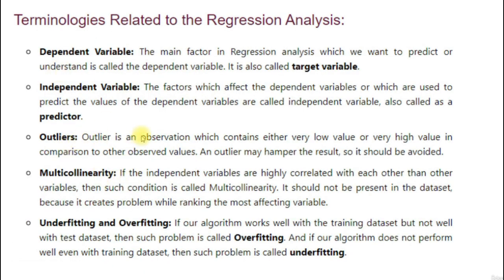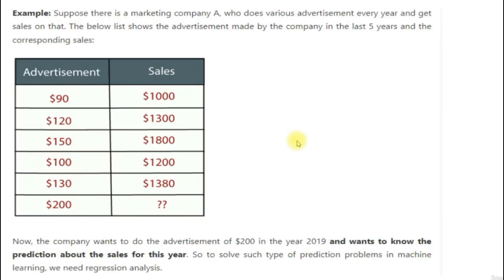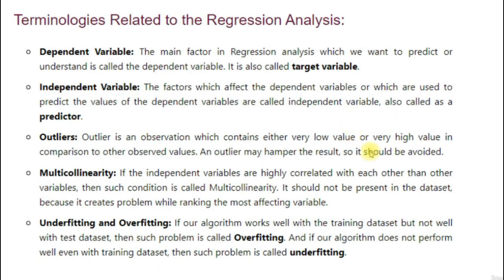Now outliers. An outlier is an observation which contains either a very low value or a very high value in comparison to other observed values. Let's say in this example we have an entry with a budget of $1,000 and sales of only $20. So that will be considered an outlier because the value is either very low or very high compared to the other observed values. The point to be noted is that an outlier may hamper the result, so outliers should be avoided.